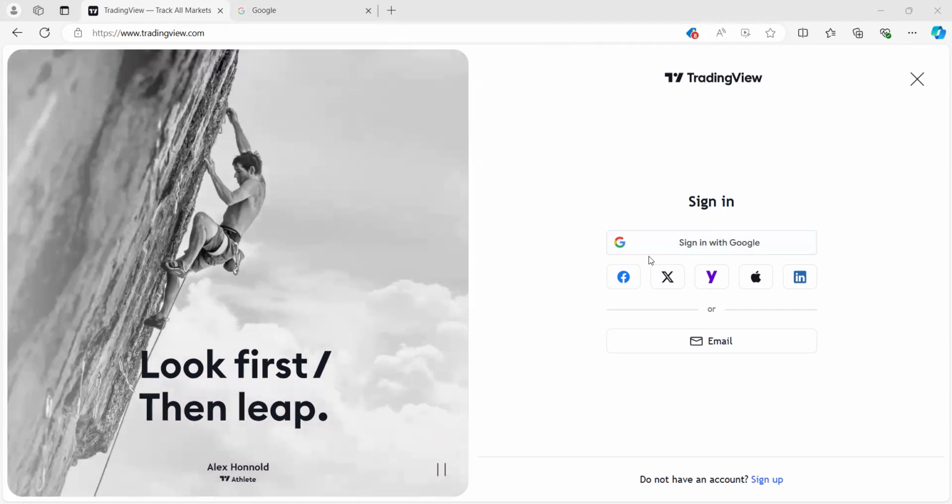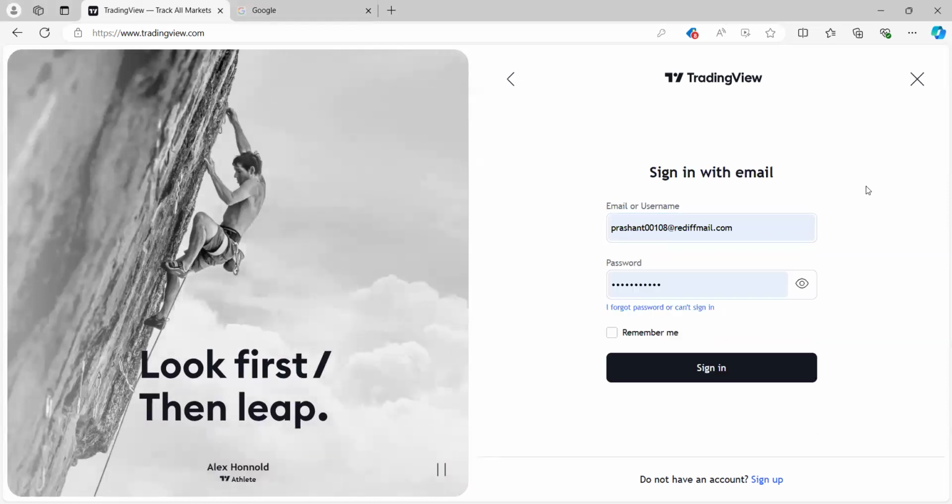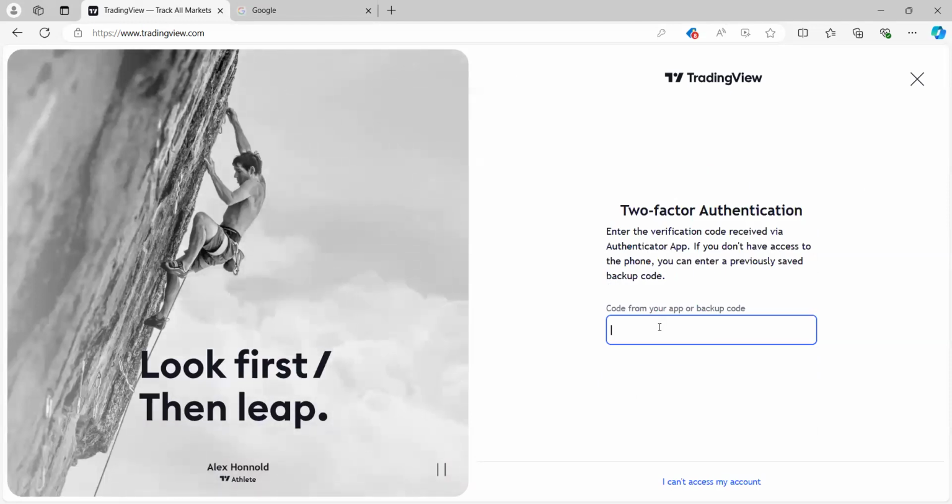It is a very simple process to log in. This is my registered mail ID and it requires two-factor authentication if we have done it.